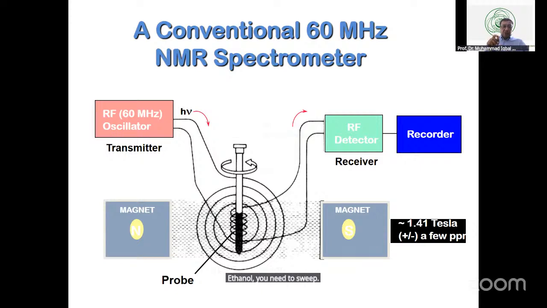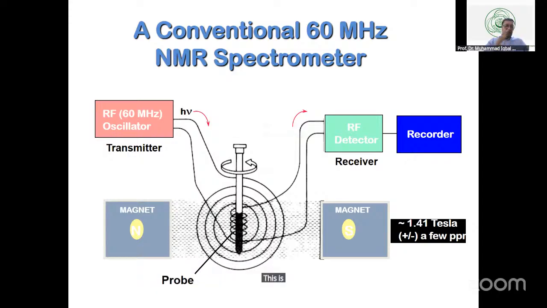You need to increase the radio frequency slowly so it matches, you get one peak, then you increase, it matches, you get the second peak, and you increase the radio frequency, it matches with the third, you get a third peak. So you're sweeping.